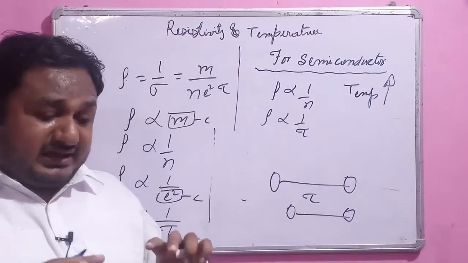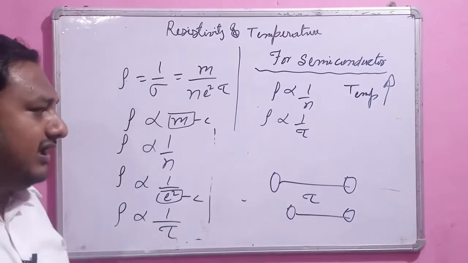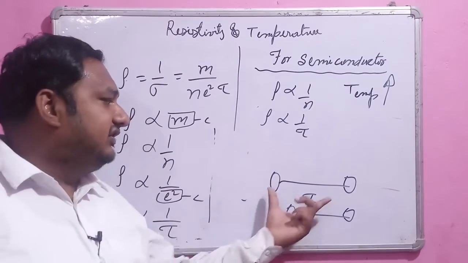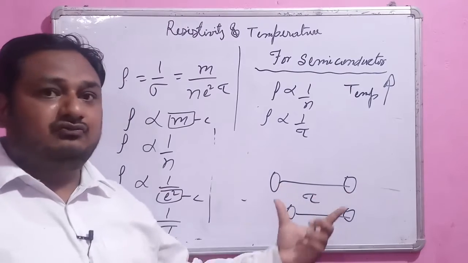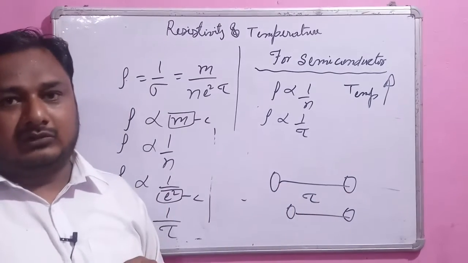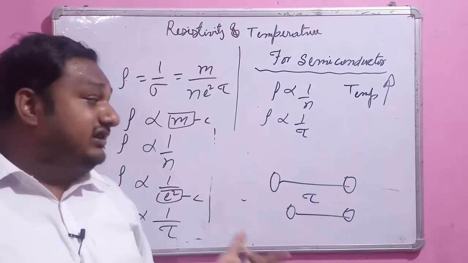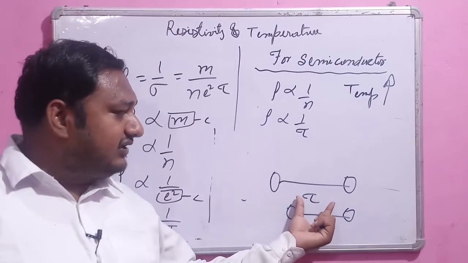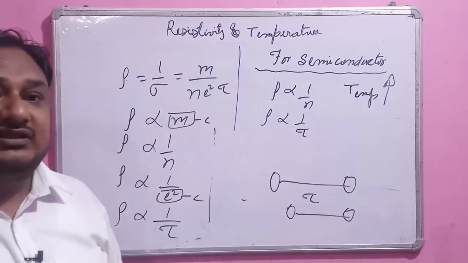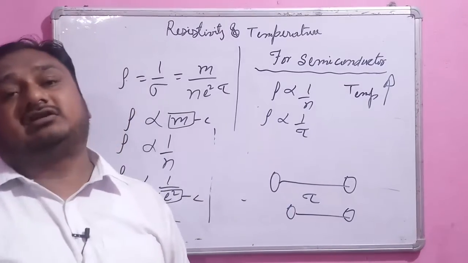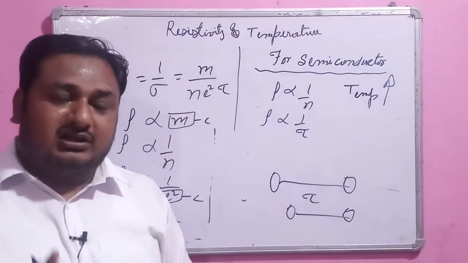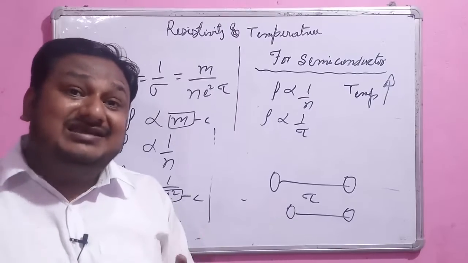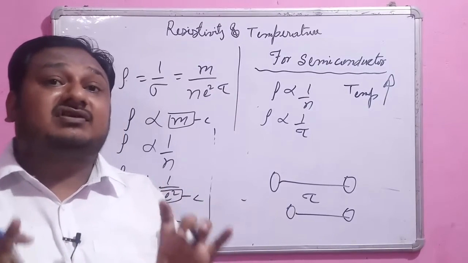But imagine a situation where, if you increase the temperature, the number of electrons per unit volume also increases. Then they neutralize the decrease of average relaxation time.